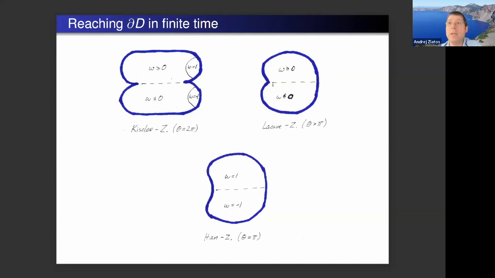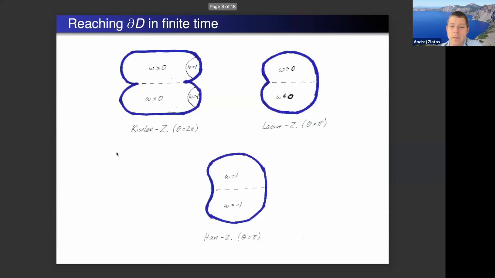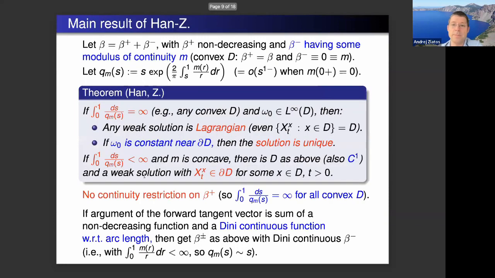And I can't put that jump into β plus because that's a decrease in the argument. And if I want a continuous β minus, then obviously I can't put it into β minus. So for this domain, I would have to have a non-continuous modulus of continuity. But if I want a continuous one, which I do, then I can include this domain. Again, the positive turns of the boundary I can put into β plus, and here the negative turns I have to put into β minus.